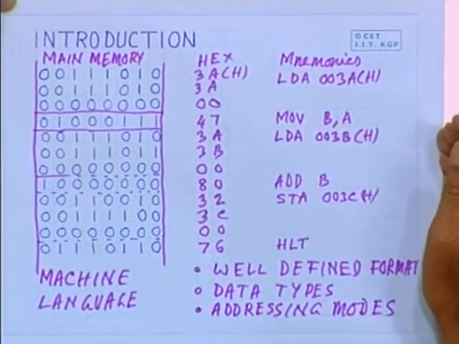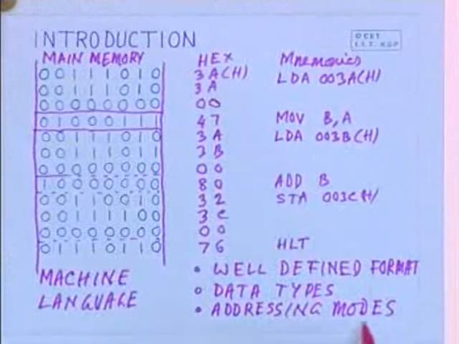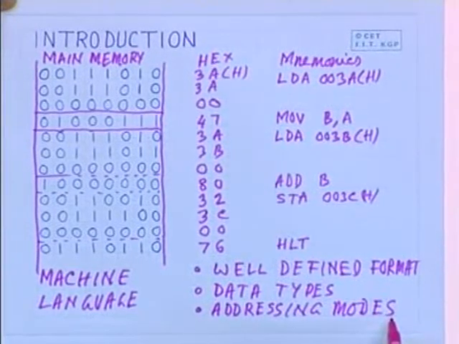We have seen that you have to reference data, an address or an instruction inside the memory, and you can do it in a number of ways. What are the different ways one can do? You can point to a memory location which stores data or instruction or address, and that is decided by the instruction addressing modes.